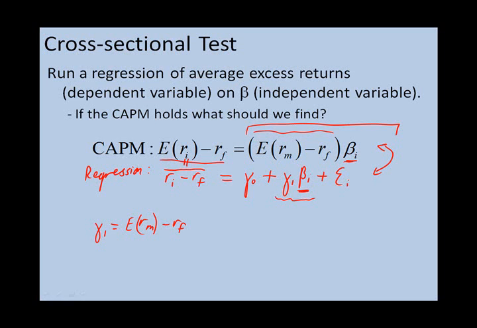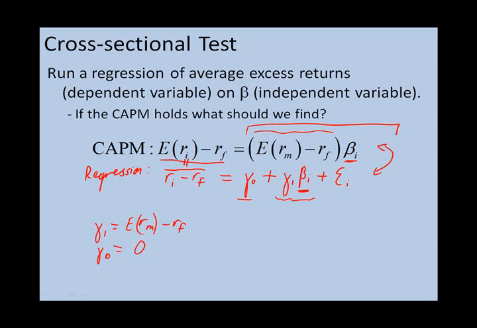How do we get rid of the intercept, gamma 0? Well, gamma 0 must be equal to 0. Then it disappears. It drops out of our regression equation. And we can check this by just plugging in the values for gamma 1 and gamma 0, and you'll see that we get back to the CAPM equation.